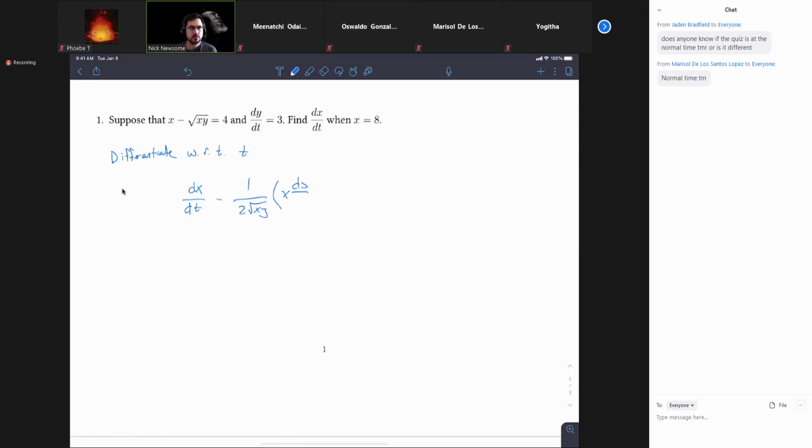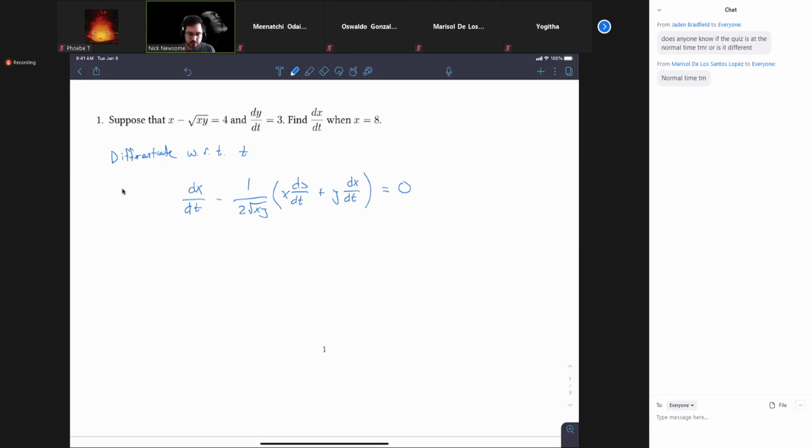Just like when we did all that implicit differentiation. And the derivative of the number 4 is 0. So now we have all of this dx dt, dy dt stuff running around.